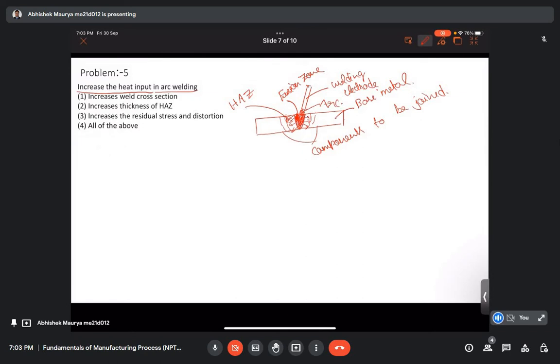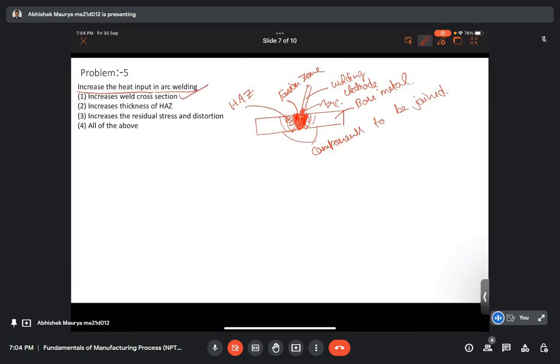So if we see, first option is increase in weld cross section. If we keep on supplying more heat, then more material will get melted, so the cross section area of the weld zone will increase. So that is correct.